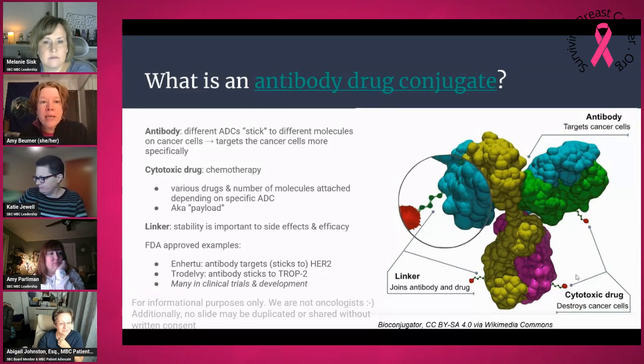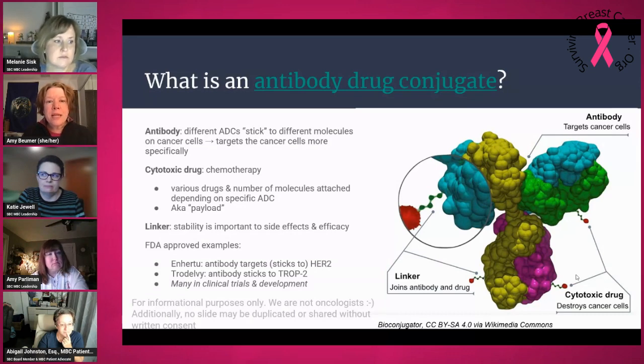And what has been engineered in the lab for these ADCs are antibodies that stick to cancer cells. So the whole role of the antibody is to stick to a cancer cell. For example, Enhertu sticks to HER2 on the outside of HER2 positive cancer cells, right? So the antibody is kind of the targeting molecule.